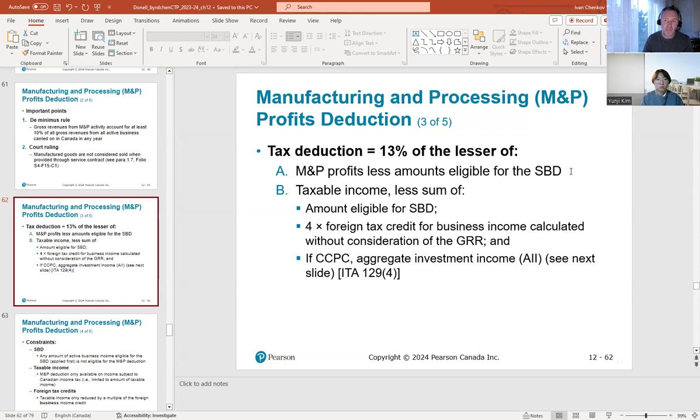Only on everything above it, if you qualify here, you're going to apply 13%. But if it doesn't qualify for manufacturing and processing, you're going to apply the general reduction rate, which is also 13%, right? So that 13% is always going to come to you, either as the general reduction rate or as manufacturing and processing.